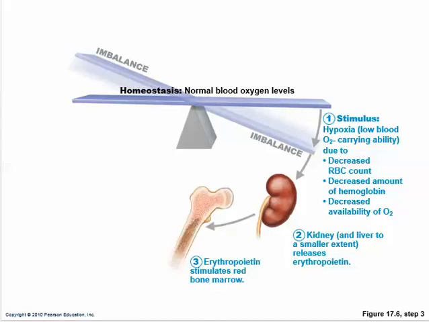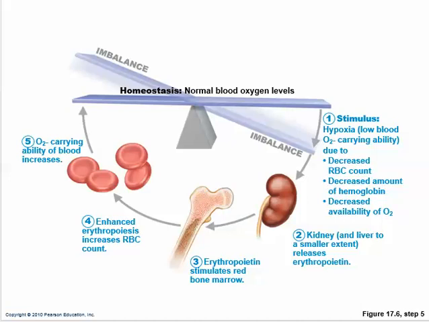The erythropoietin stimulates the red bone marrow and commits the stem cells to becoming erythrocytes. A few days later, the red blood cell count goes up, which means that you carry more oxygen and get out of the hypoxic state. That's the theory, and in normal healthy people, that's what happens.